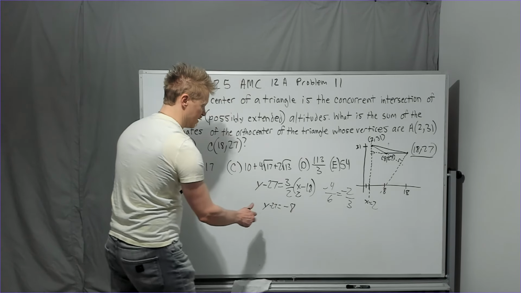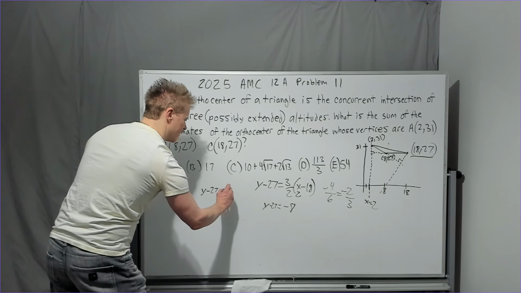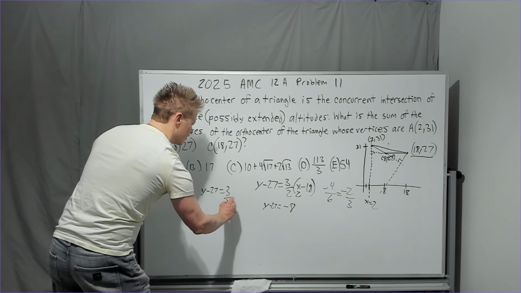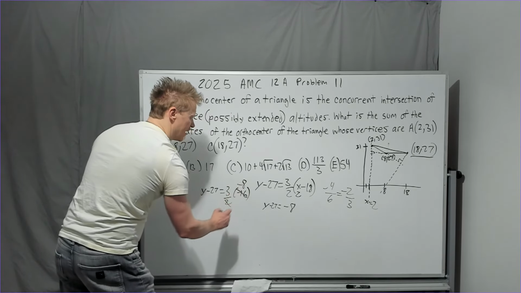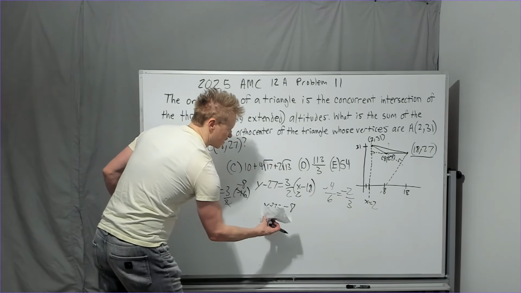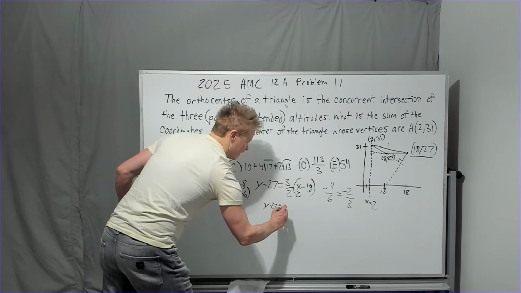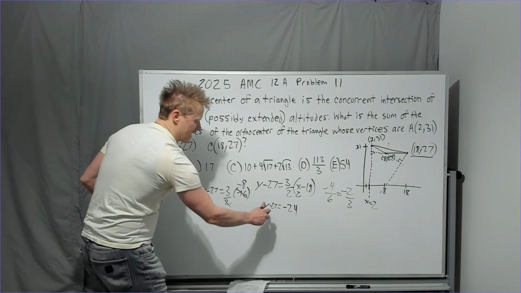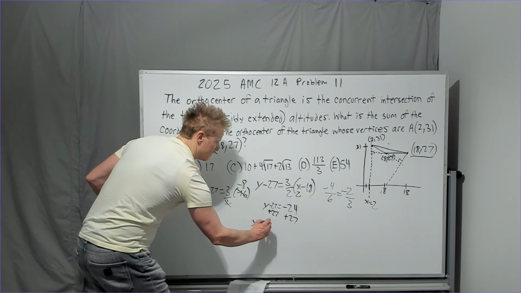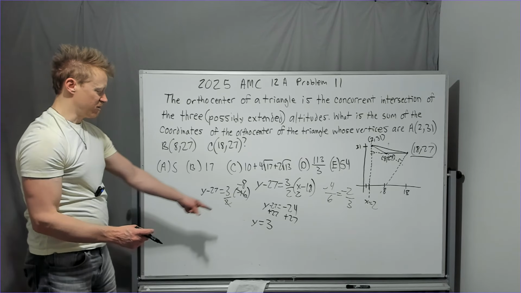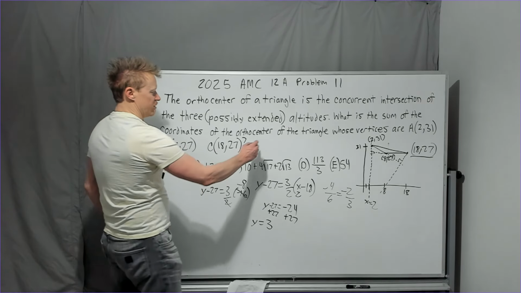I don't know, something feels wrong. Let me make sure we're doing this right. y minus 27 equals 3 over 2 times negative 16. 2 goes into there, negative 8. Oh, that's the problem. There's a 3 outside. Cool. So then we got negative 24. And then you're going to add 27, and when you do so, you're going to get y equals 3. Great. If y is 3 and x is 2, that's the coordinate of your orthocenter.